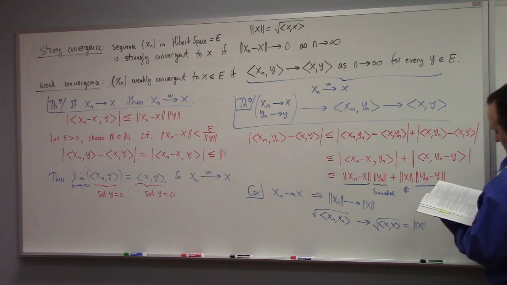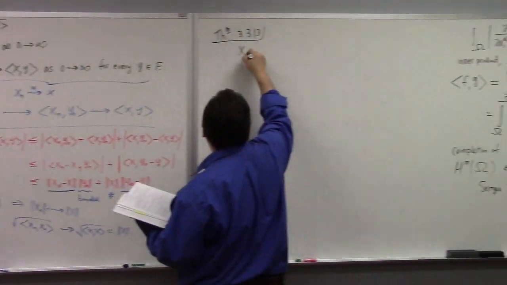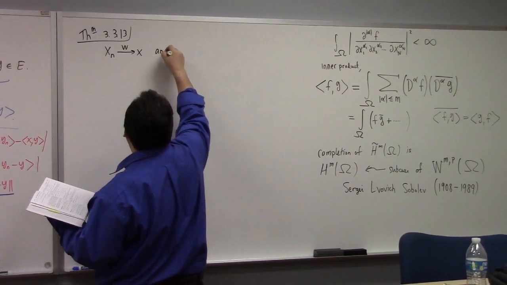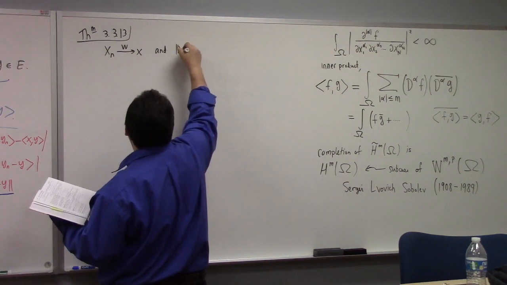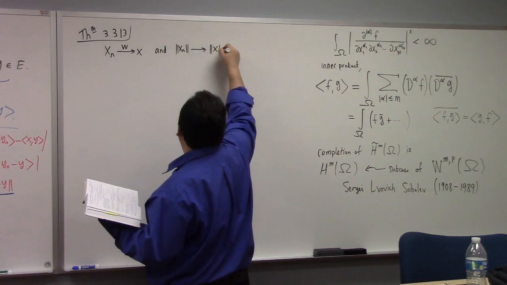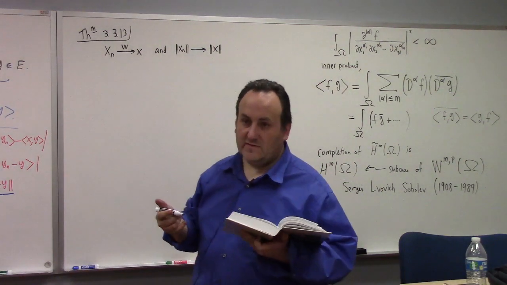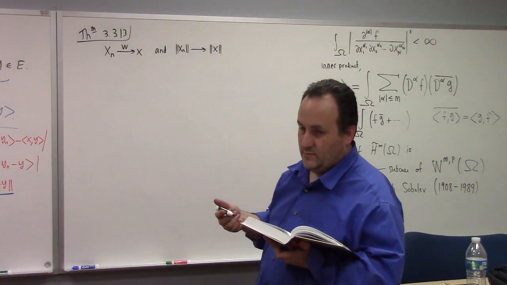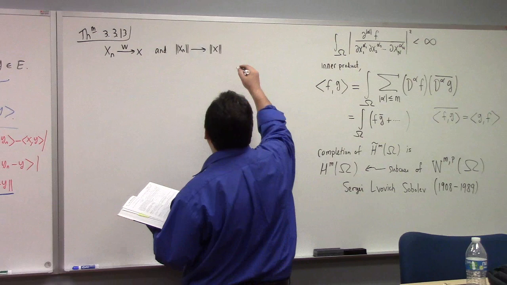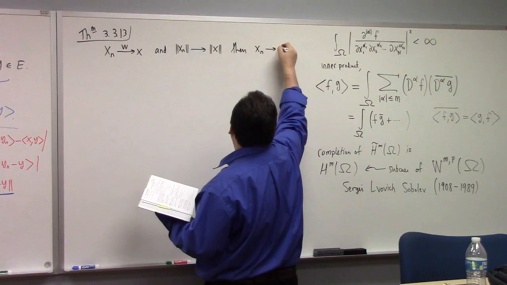Theorem 3.3.13 says that if xn weakly converges to x, and the norm of xn converges to the norm of x, now that's not convergence in a Hilbert space, that's convergence in the complex number system, or actually the reals because it's a norm, then that's actually enough to get xn converges to x.